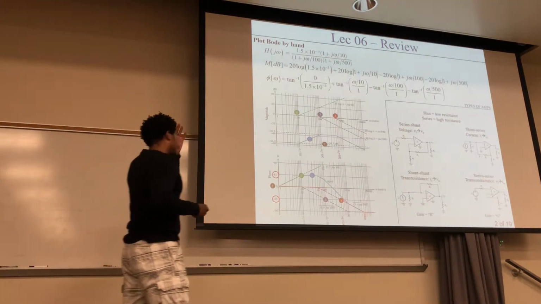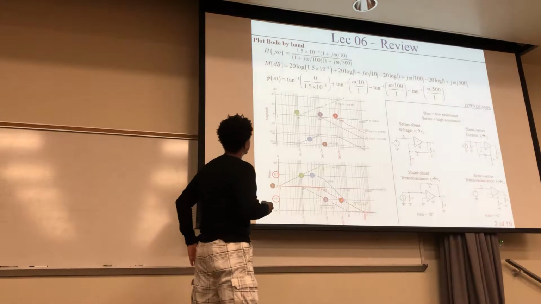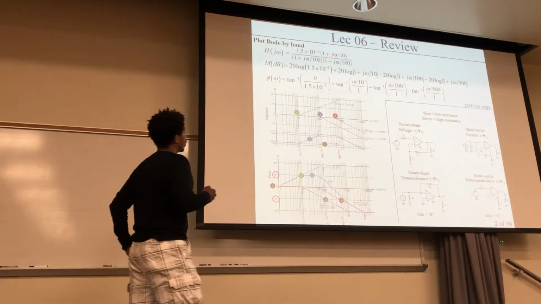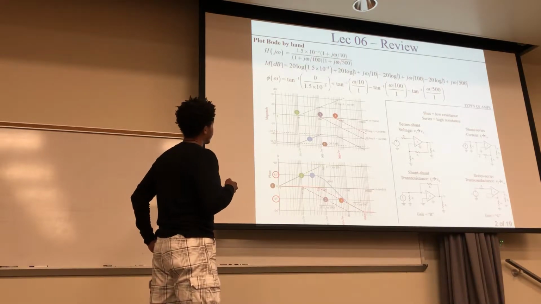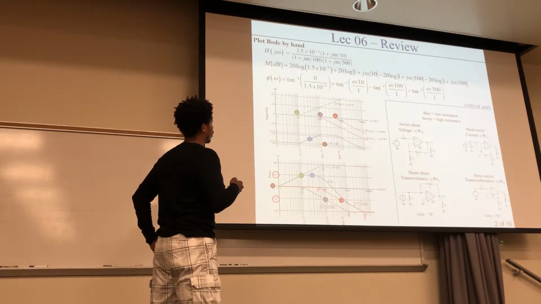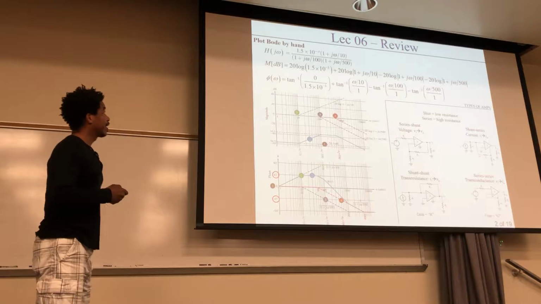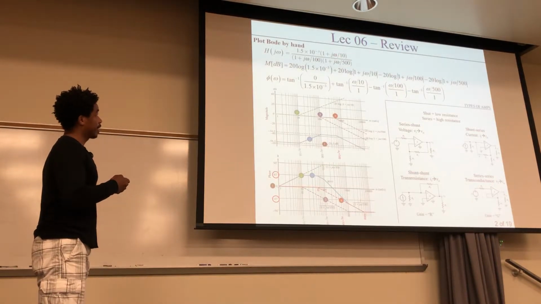Okay. So typically what you want to do is you want to group your numerator factors and your denominator factors like this, where they have the form of the real part is just 1, and the imaginary part is just omega over some value. And that value, once omega gets that value, that's going to be a cutoff.